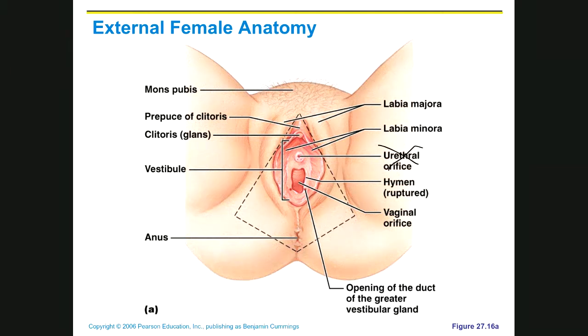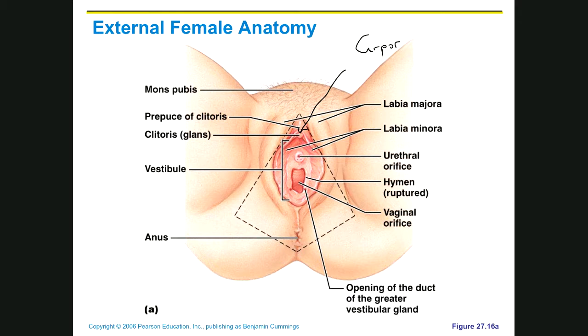And then a couple other things that you can see in here. There are little tiny glands in here that keep this area moist. You can see them right there, two pairs of glands. And then finally, we also have something that's very similar to the penis, and it's called the clitoris. Remember, when we looked at the penis, it had the corpora cavernosa, which were chambers that fill up with blood.